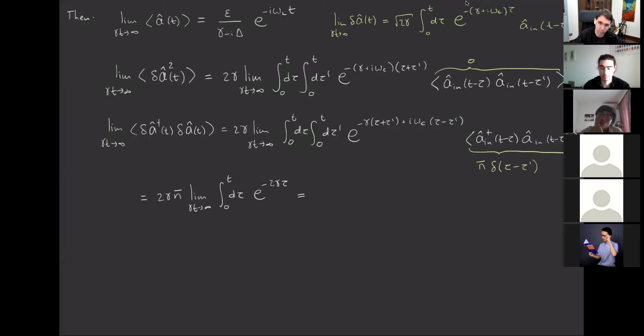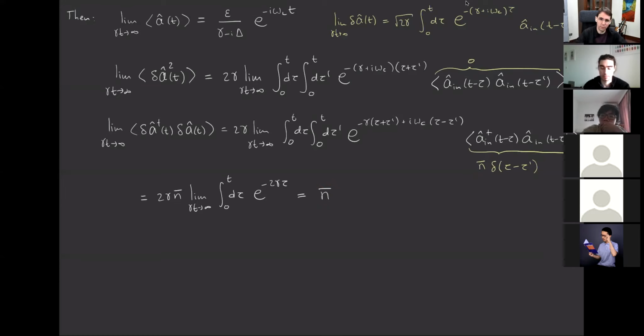And if you just perform this integral and you take the limit, this is equal to n. This is not a surprise, right? Like I told you, you should reach thermal equilibrium inside the cavity if you wait long enough. So the number of excitations inside the cavity is just the same number of excitations that we had for the external field, okay?